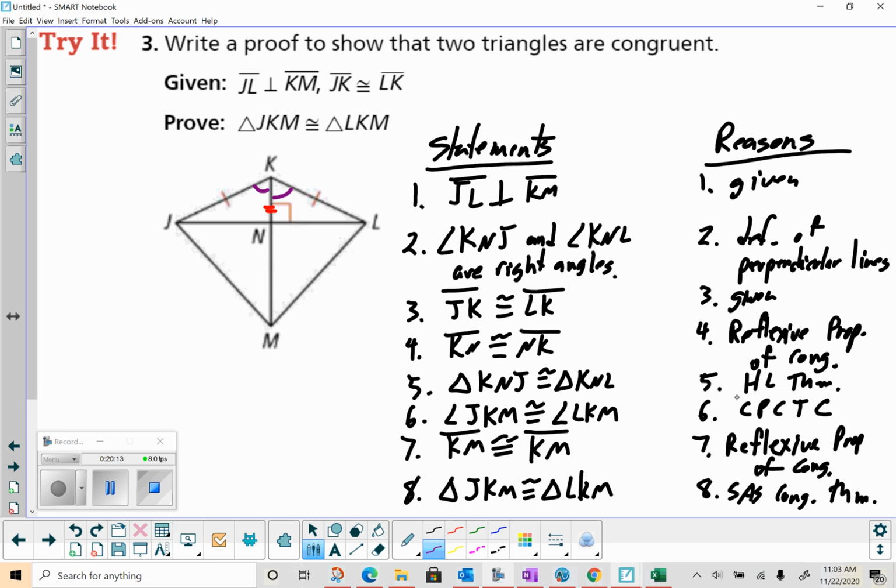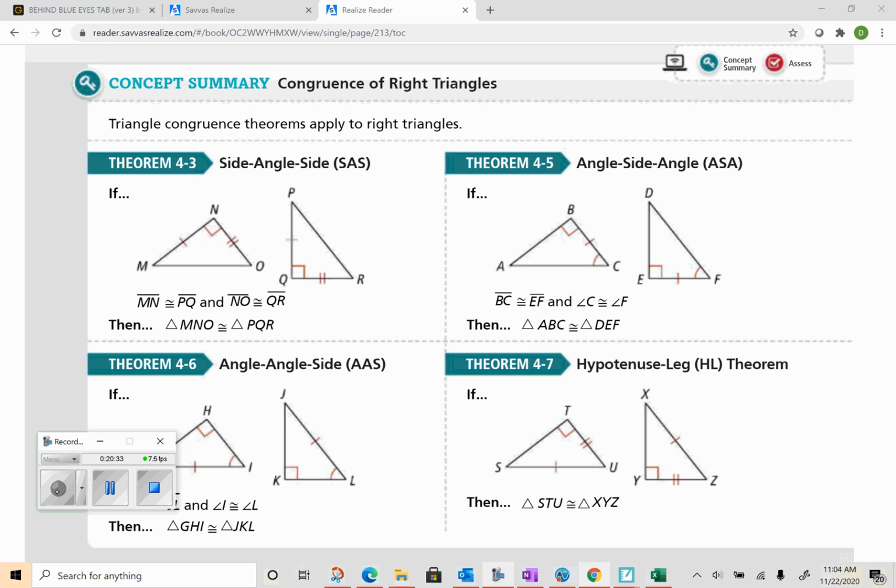Now, if you go online and look at the student interactive version of your textbook, once you get to the concept summary page, they will tell you these are the current triangle congruence theorems that can be applied to right triangles. And you notice from our list here that side, side, side is missing.